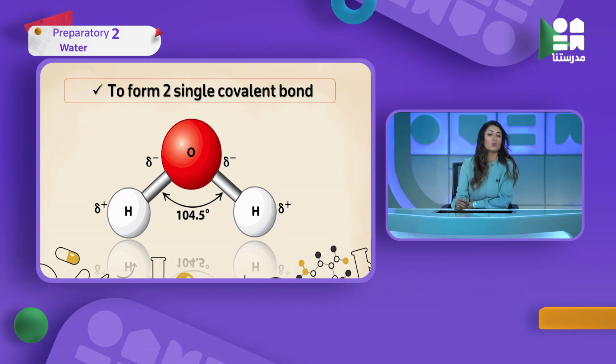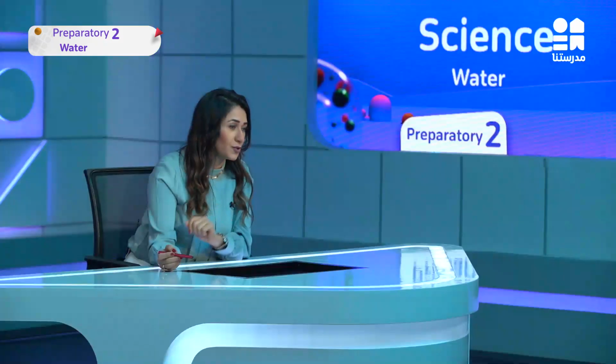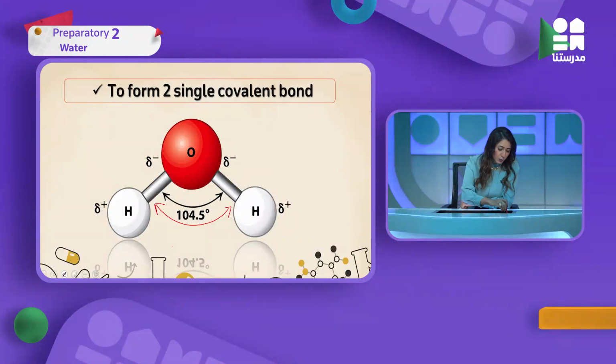This is an example of a water molecule as you see. The oxygen has 1 atom, and 2 hydrogen atoms. The angle between the 2 single covalent bonds, which is this one here, represents 104.5 degrees. طب ليه أنا قلت 2؟ Because I have here a covalent bond and this is another covalent bond. طب البوند دي موجودة between what and what?